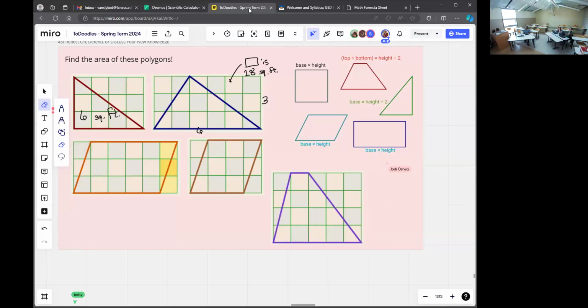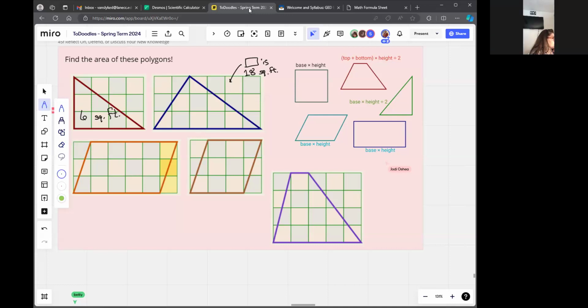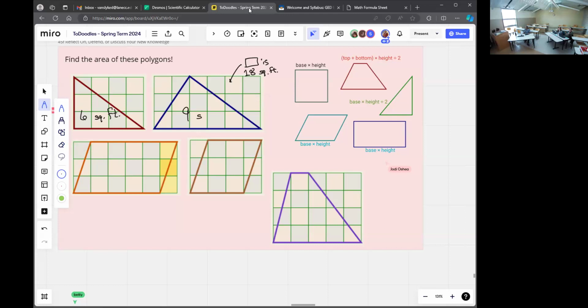Should we do half of that? Yes, so half of 18 is 9. 9 square feet. Ta-da, so don't make it harder than it is. Okay, now let's do this burgundy parallelogram.